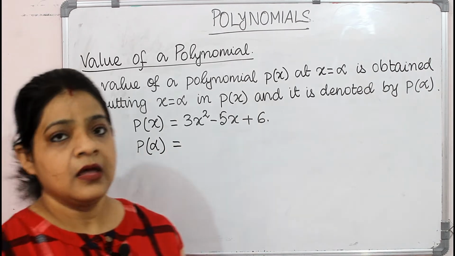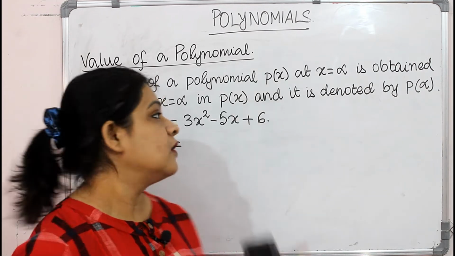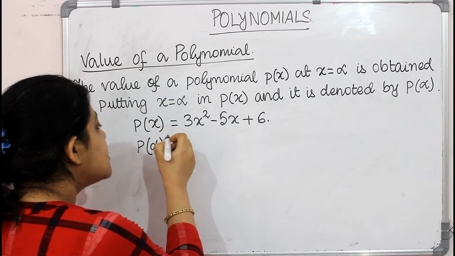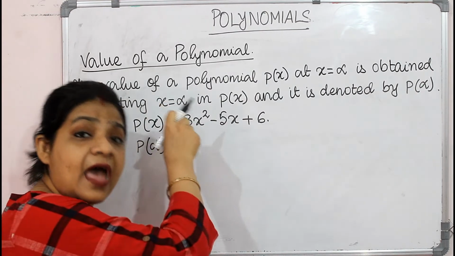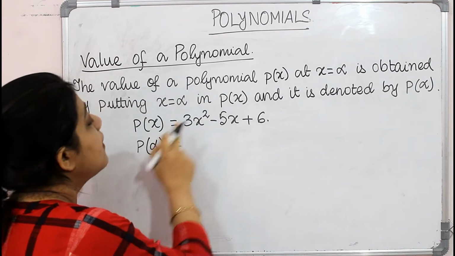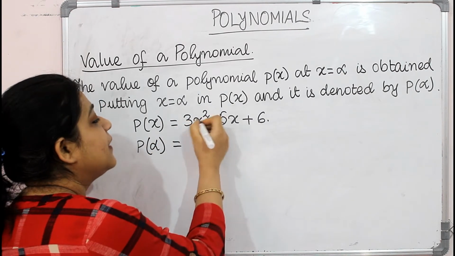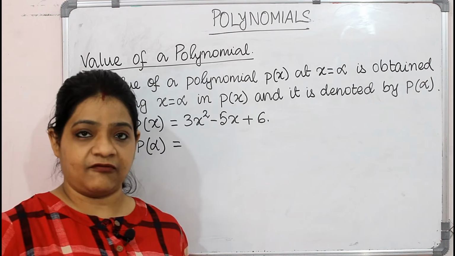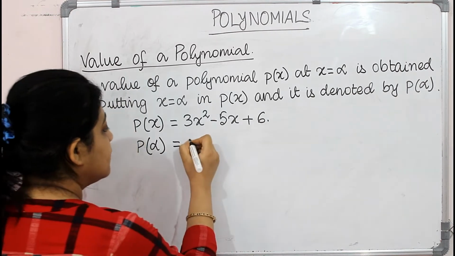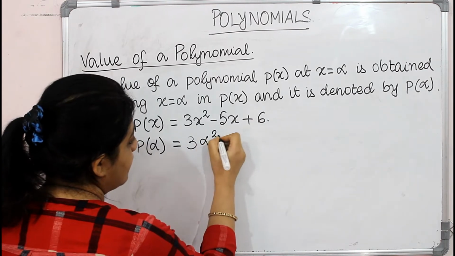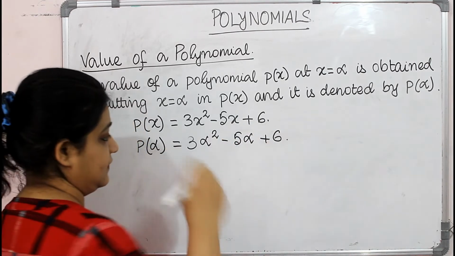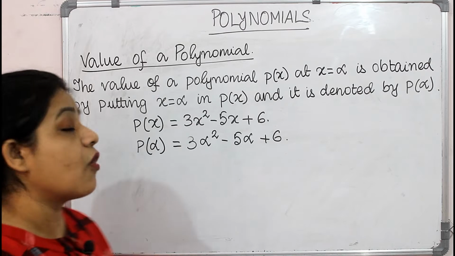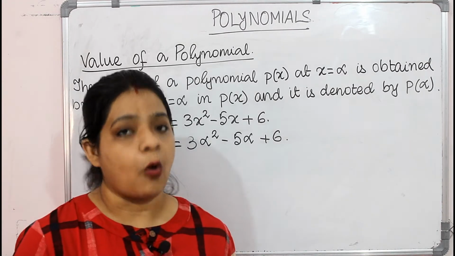Then p(alpha) will be 3 alpha square minus 5 alpha plus 6. This is called the value of the polynomial.